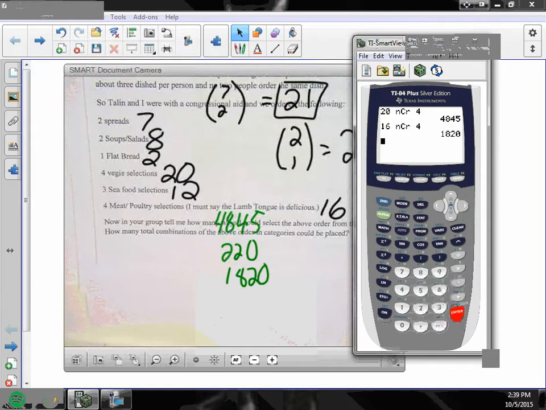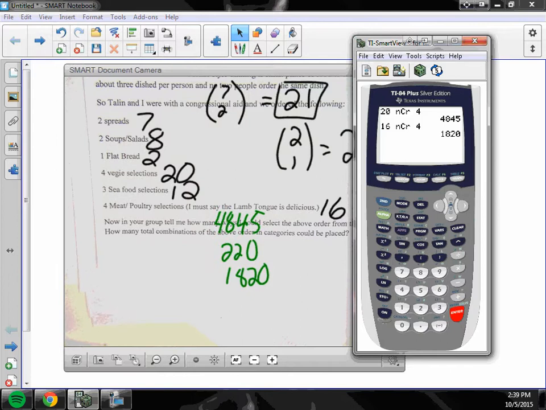Now, each of those numbers only tells me the possible combinations for that particular category. How do I find the total number of combinations? Do I add them or do I multiply them? Why multiply? This is a really hard question to answer.